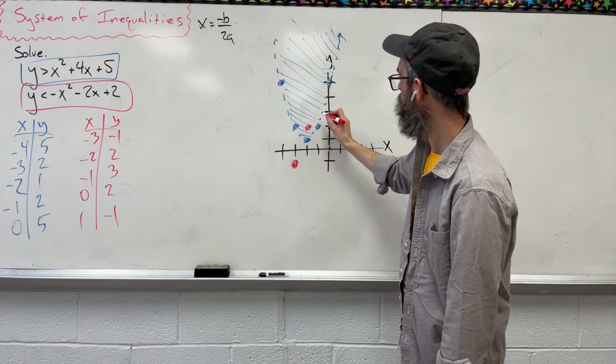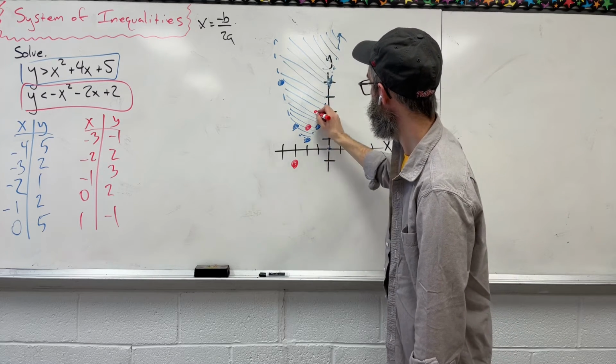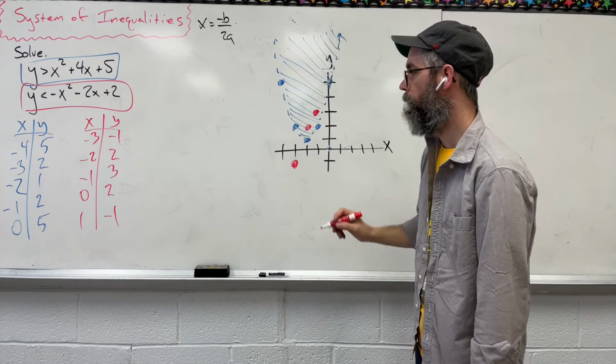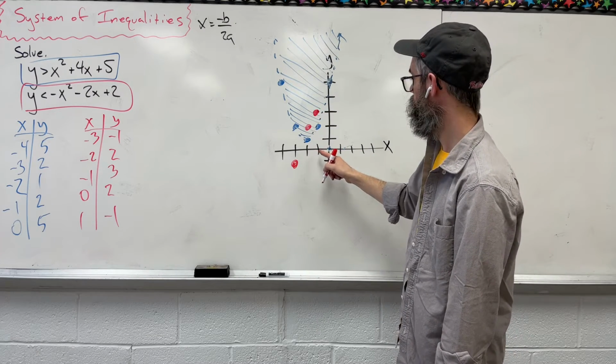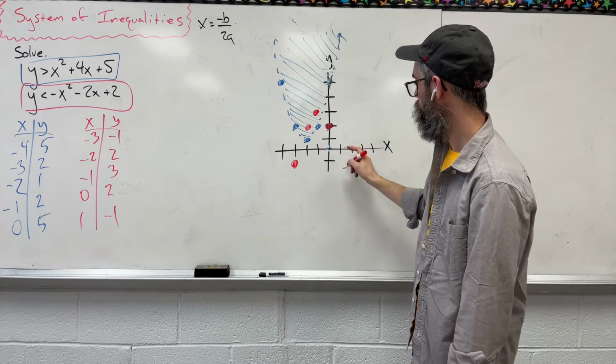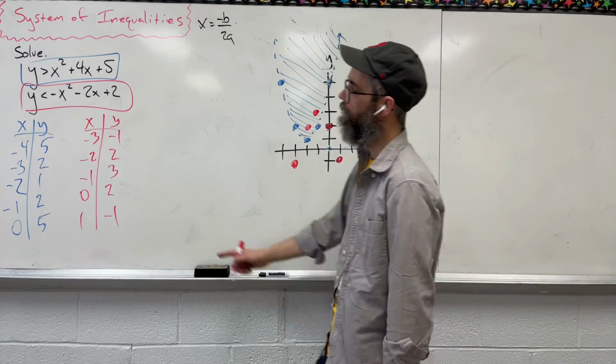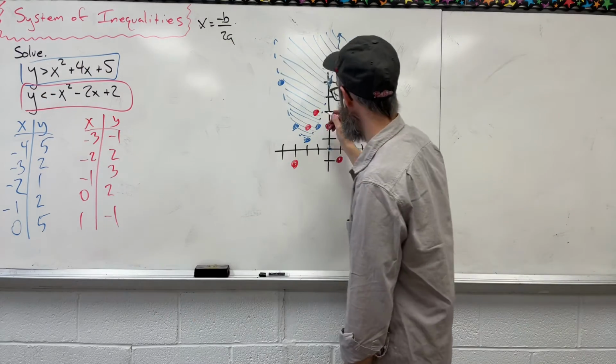Back 1, up 3. Over 0, up 2. And over 1, down 1. Okay. Will this be a solid or dashed line? No equal sign, meaning dashed.